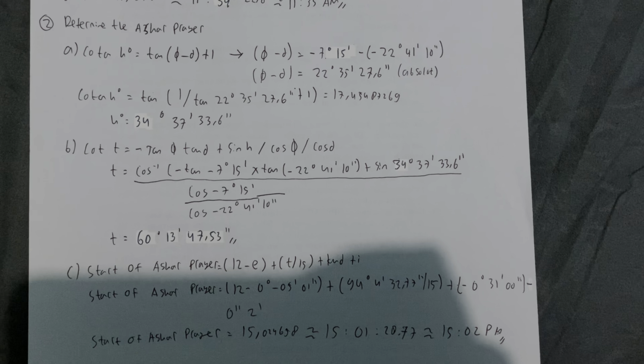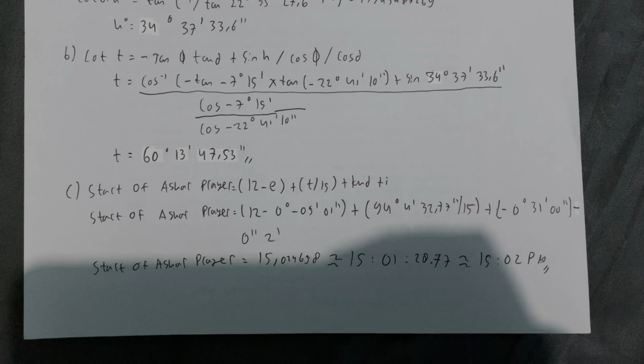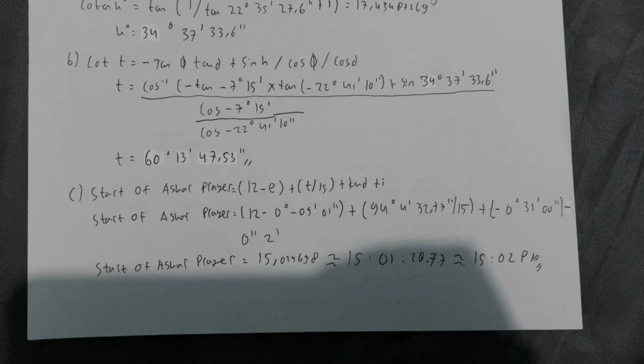So the next one, we find the start of the Asar prayer. The result is 12 minus E plus t divided by 15, plus 9 plus E. So the result for the Asar prayer is 15.2024658 degrees, or we can conclude the Asar prayer starts at 15 hours 1 minute and 28.77 seconds, or about 15:02 in the afternoon.